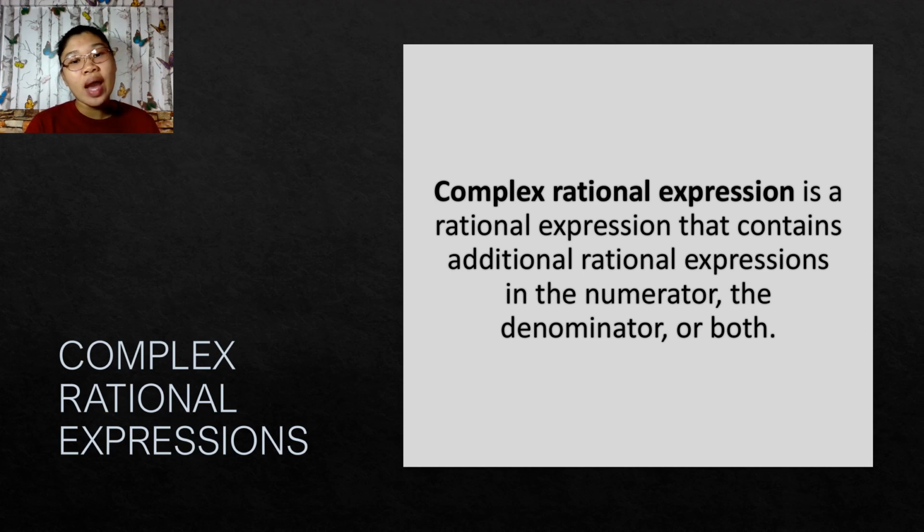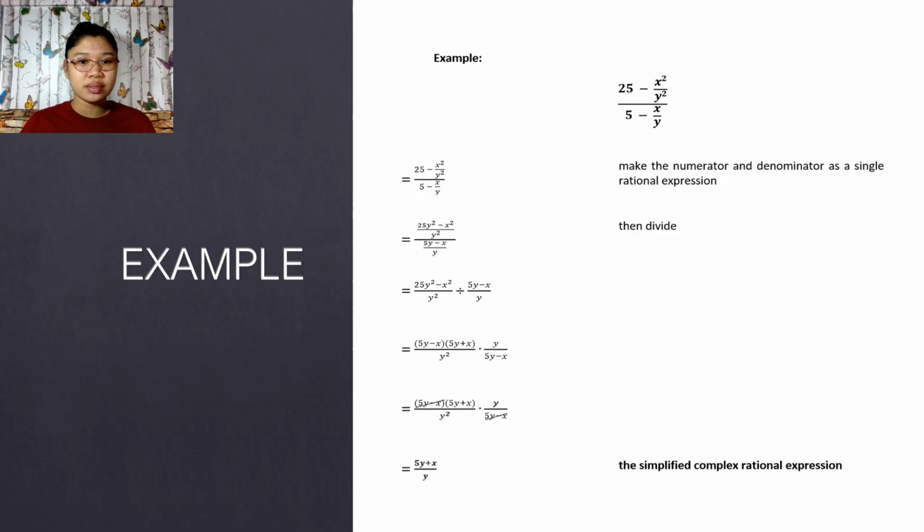We can simplify complex rational expressions by writing the numerator and denominator as a single rational expression and then dividing them. To further visualize it, I will be giving you an example.